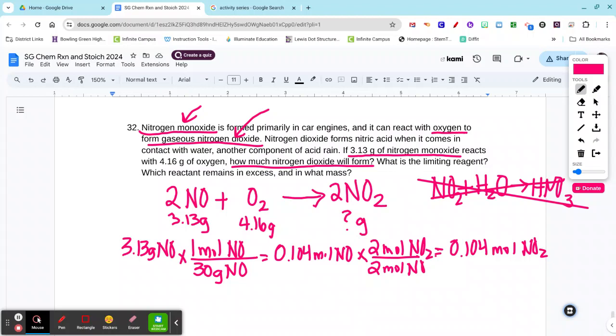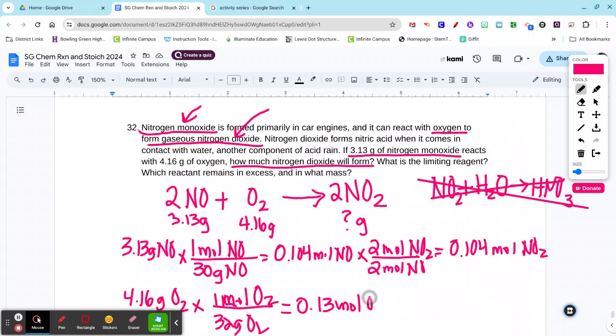All right, now I'm going to go ahead and do my other one, and then I'll come back if I need to do grams. So 4.16 grams of O2. Molar mass is 32 grams of O2 for every 1 mole of O2. Okay, so that gives me 0.13 moles of O2.